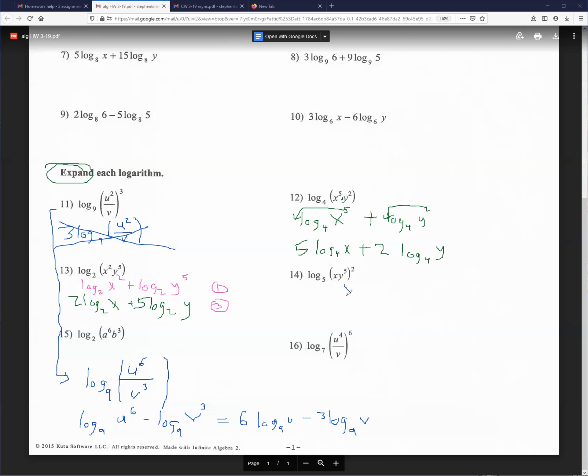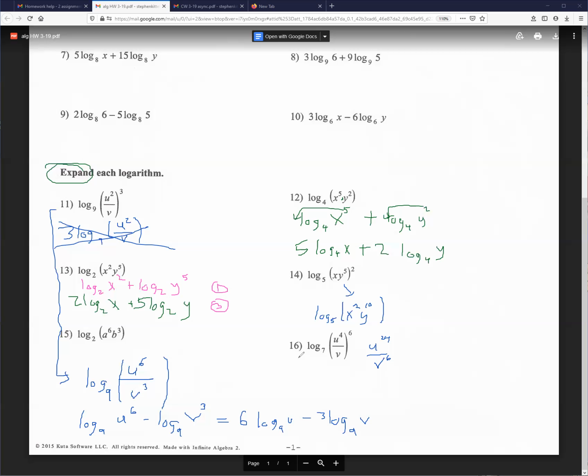Similarly, I would write this one as x squared y to the 10th, and then approach it the same way. I would approach this one as u to the 24th over v to the 6th, and then use our properties from there. So if you need to contract and expand, this is going to be your roadmap.